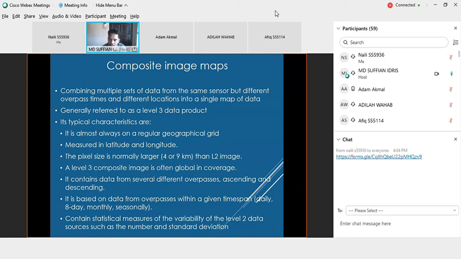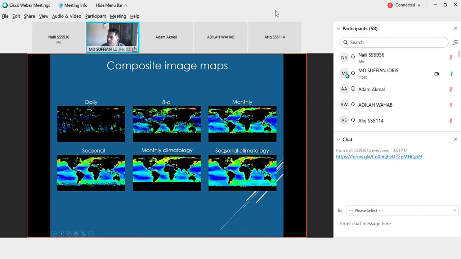So you tengok kepada level 3 punya image, dia adalah 4 hingga 9 km. Dan kebanyakannya adalah global coverage. So ini sebagai contoh, dia ada Delhi dengan 4 ataupun 9 km.